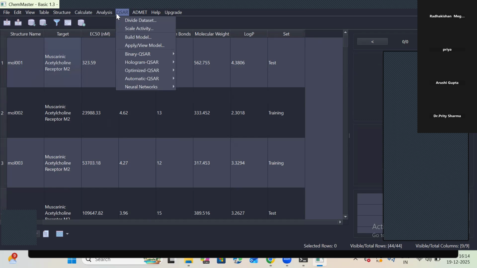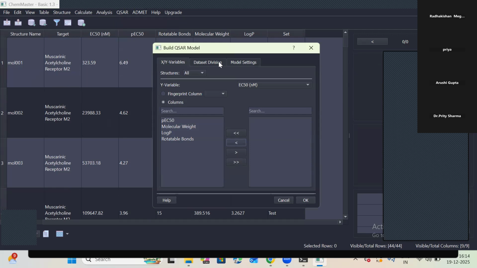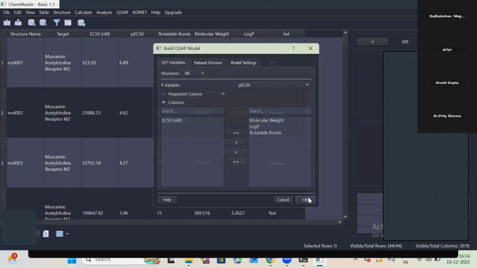We want to click QSAR and build model. Here, first one is XY variable. What does XY variable mean? Which one is in X and which one is in Y. For that, we click Y variable as pEC50, and then we click the molecular descriptors, that is molecular weight, log P, rotatable bonds, and click OK.